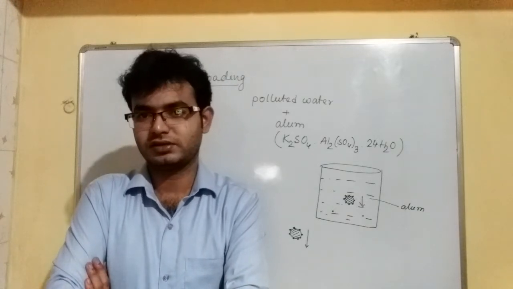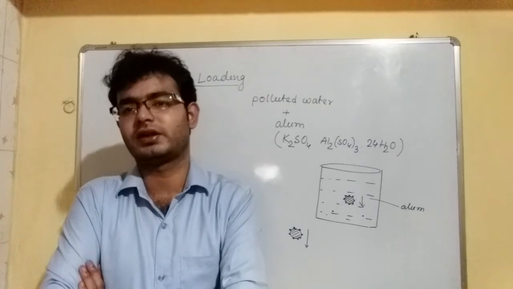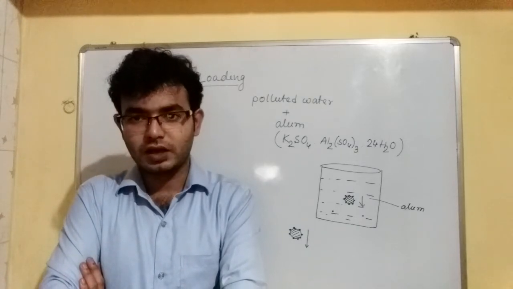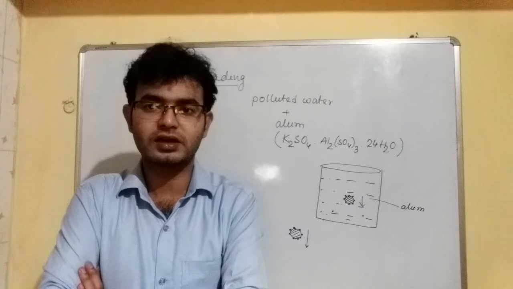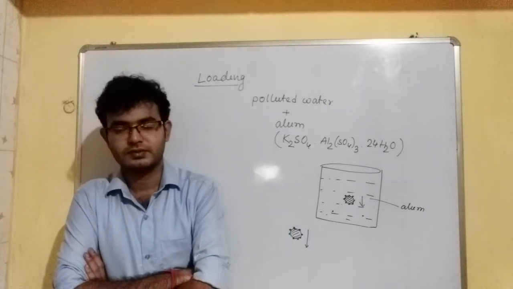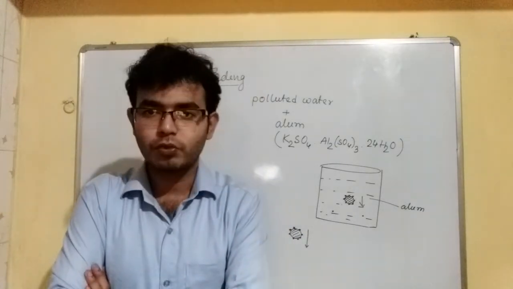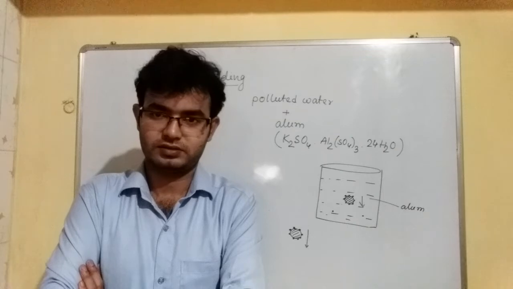As a result, the small particles of alum are converted into heavier particles. Now, these heavier particles get settled down by the gravitational force of attraction. So, these settled impurities can be removed by filtration easily.